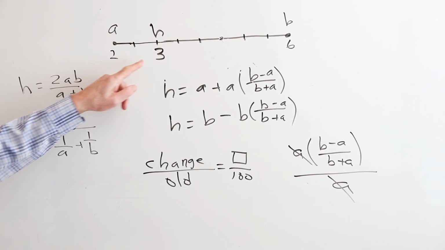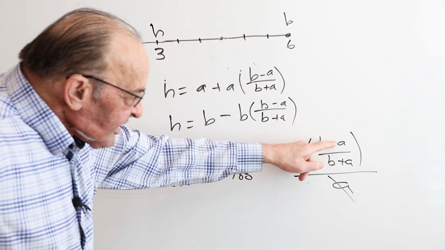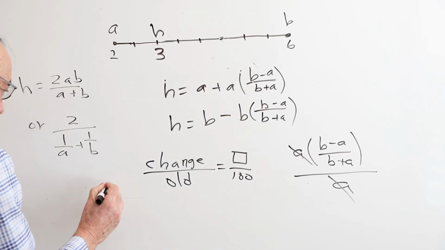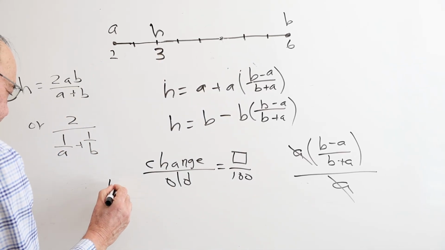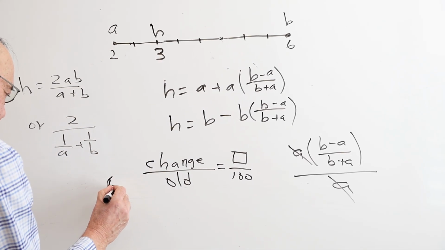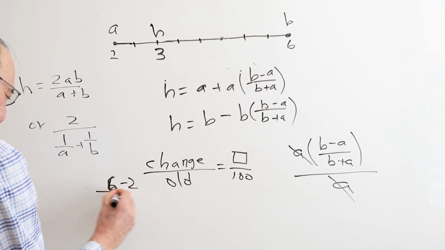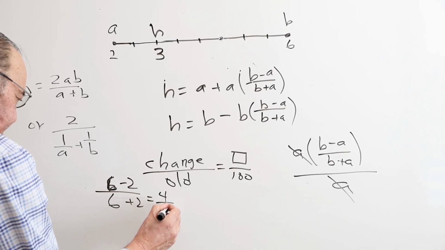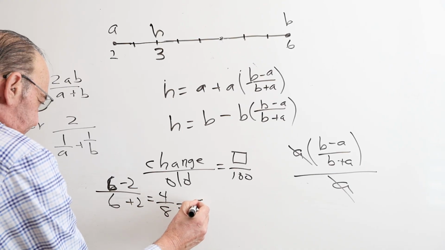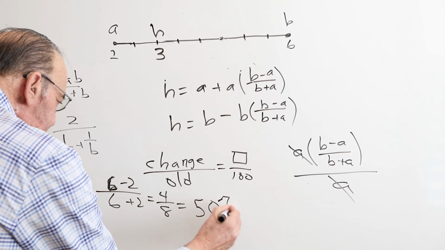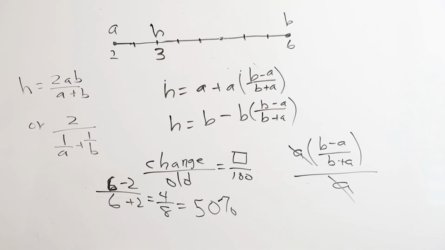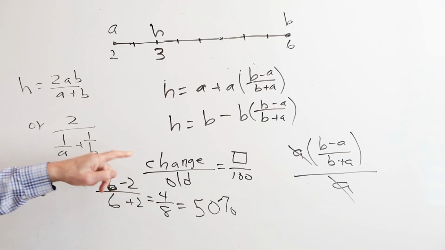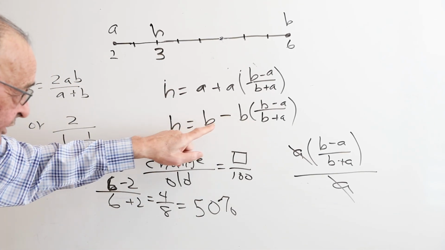So when you go from 2 to 3, that's B minus A over B plus A. That's 6 minus 2 over 6 plus 2 equals 4 over 8, which is a 50% increase. And when you go down, this is the change and this is the old.